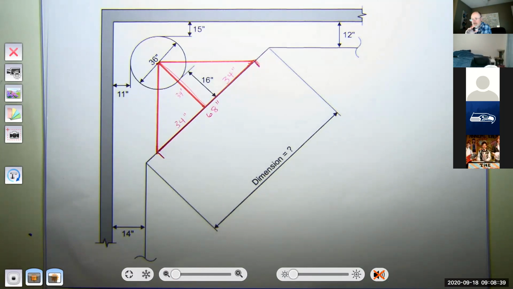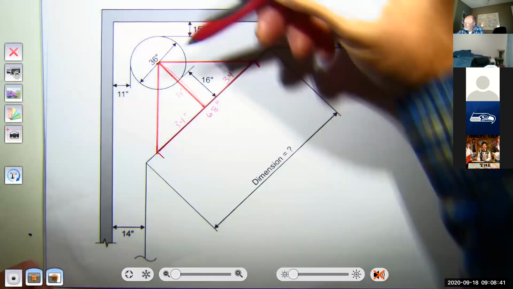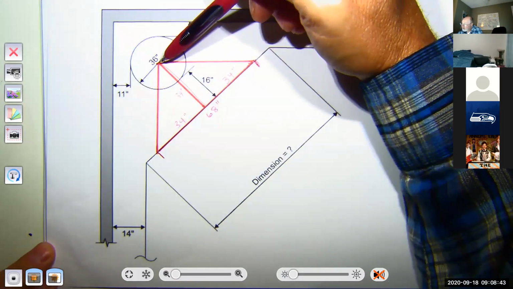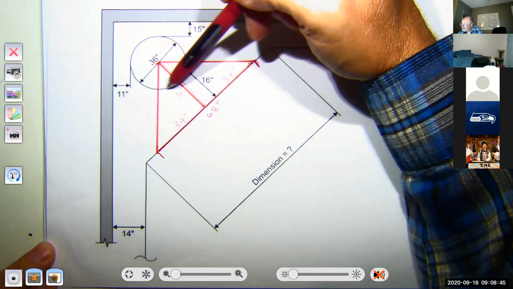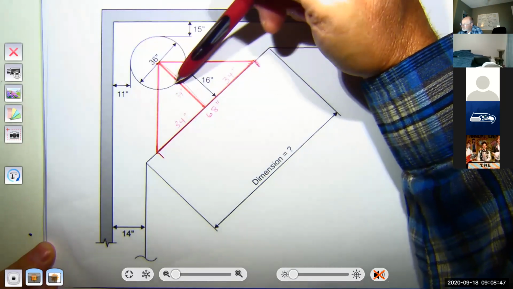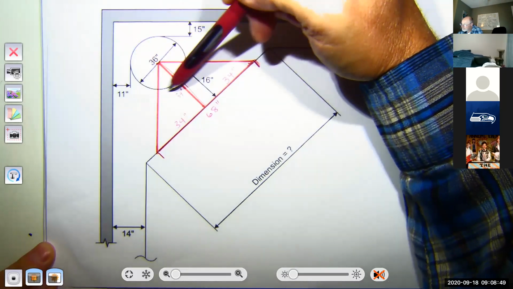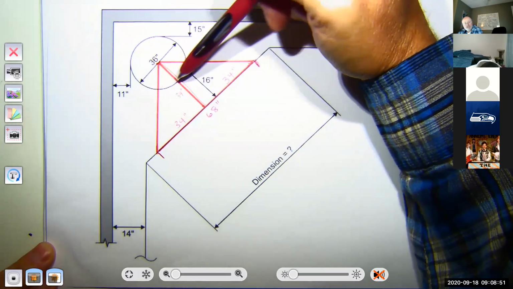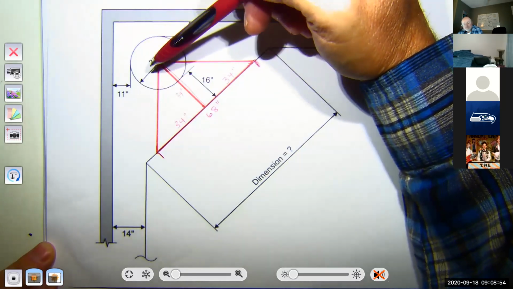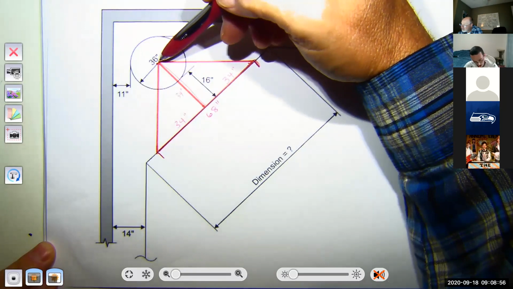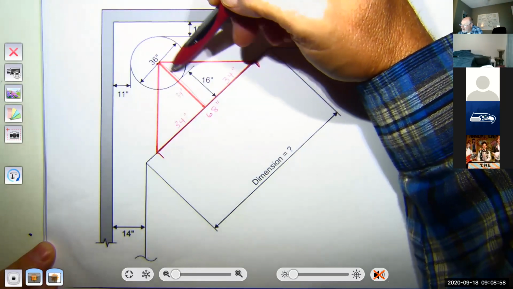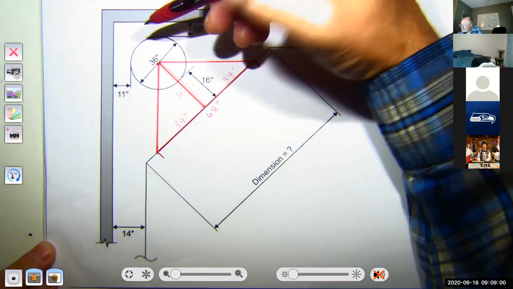I don't know how you got the 34 inches, Doug. Okay. Right here, you see this is a 36-inch diameter, right? Can you see that, Sean? Yes, I can. So half of 36 is the radius, so half of 36 is 18.